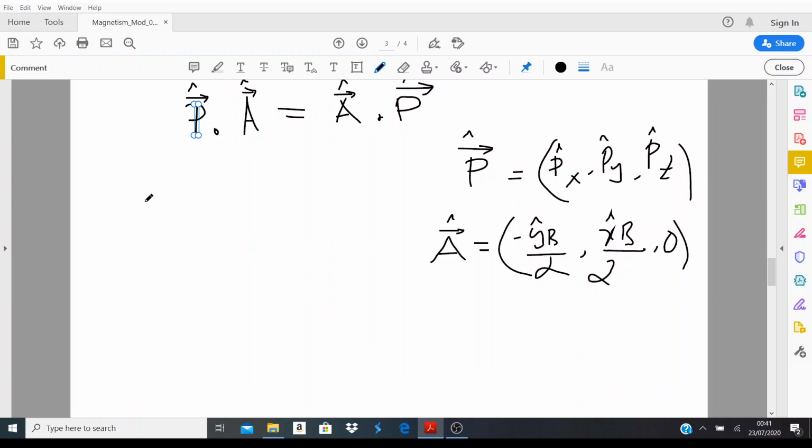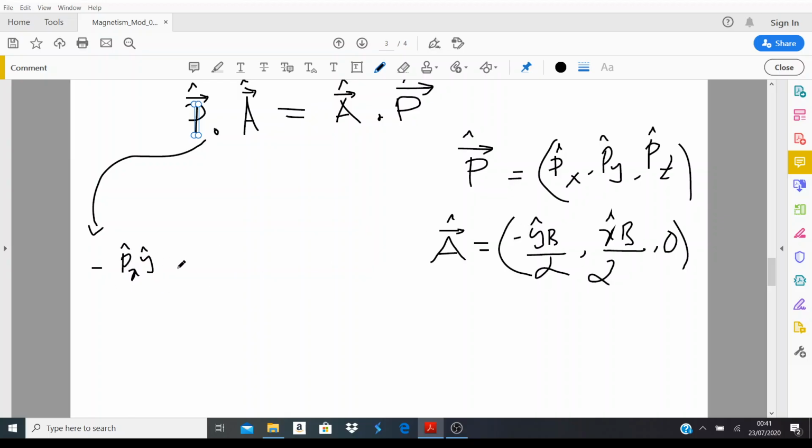Now let us find p dot a. We are dotting p on the left and a on the right, so we multiply component-wise. B is just a number, so we can change the order; it doesn't matter. The important thing on the left-hand side is p dot a. Let me calculate this quantity. We have px first, that's an operator, then the y operator.